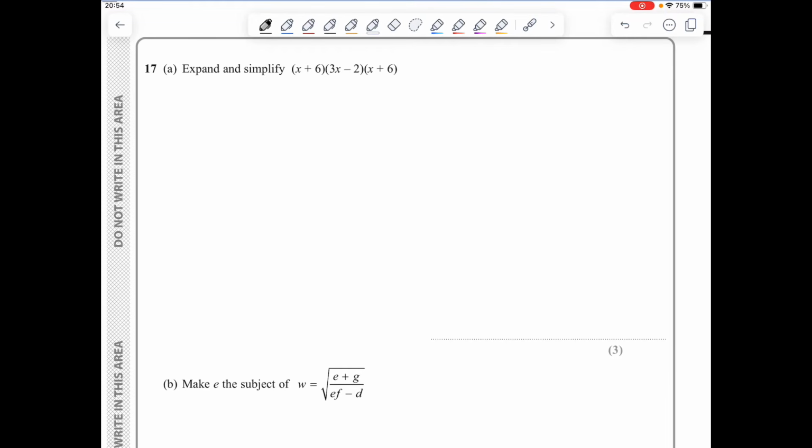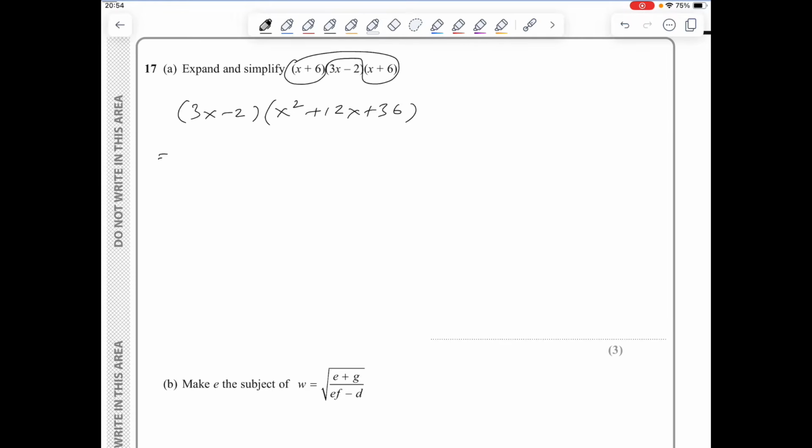For part A, I'll keep the first bracket and expand the first and last because they're identical and I know an identity to do that directly. So I get 3x minus 2 and then x squared plus 12x plus 36.